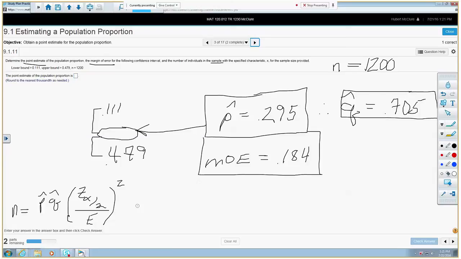So that's going to equal 0.295 times Q hat, which is 0.705. Oh, we got to get Z sub alpha over 2, don't we? Wait a minute, they didn't give us an alpha.